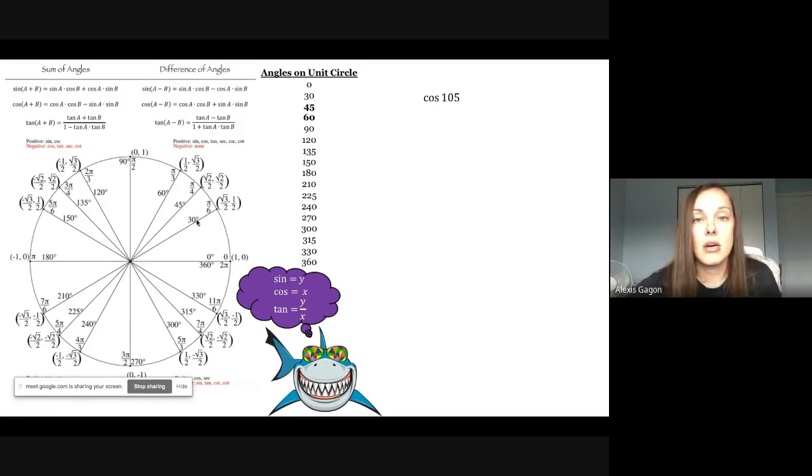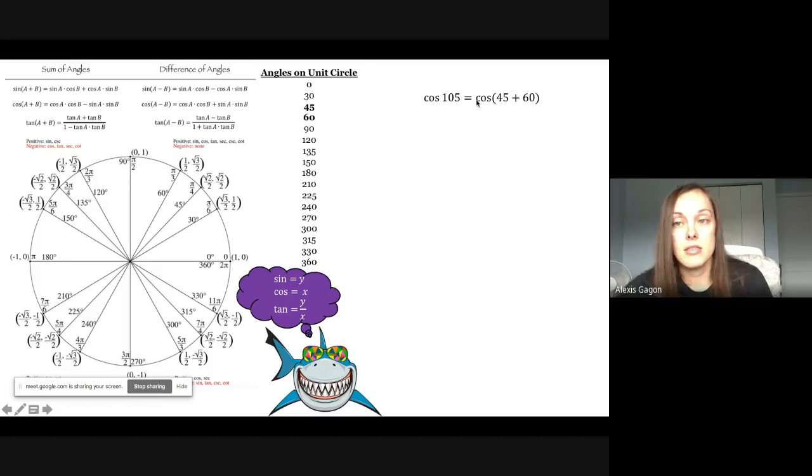I know there are other ones too. Whatever you come up with, it will work and you will end up at the same exact spot that I'm at. But I'm using 45 and 60. So I'm just going to write this as cosine of 45 plus 60. That's the same exact thing, because we have a 45 degree on here and a 60 degree on here.